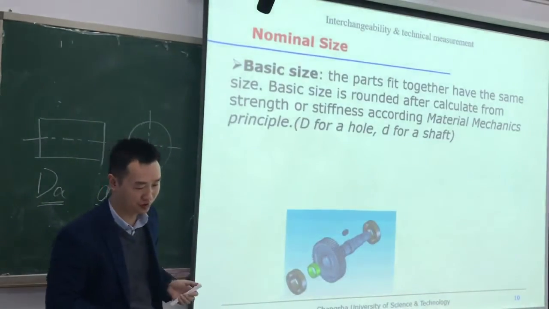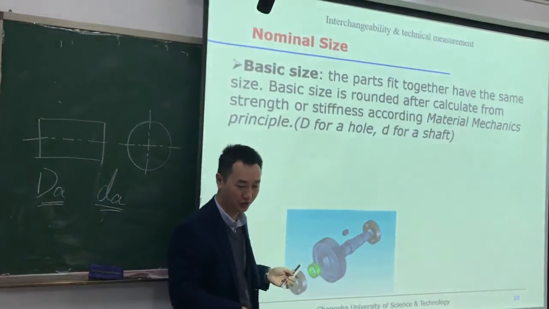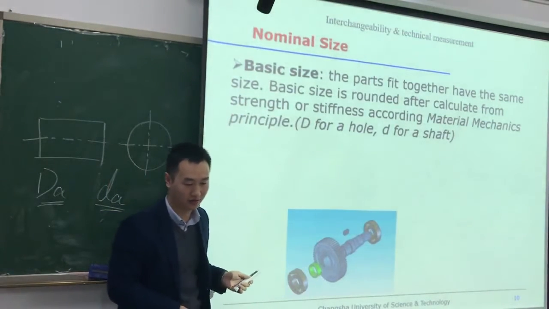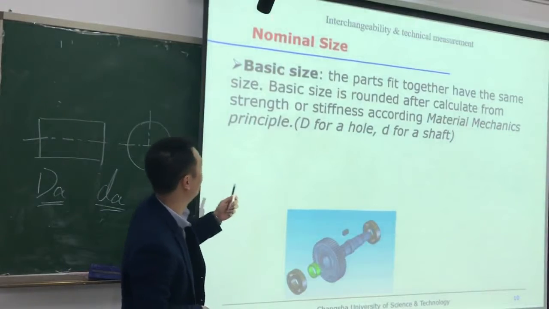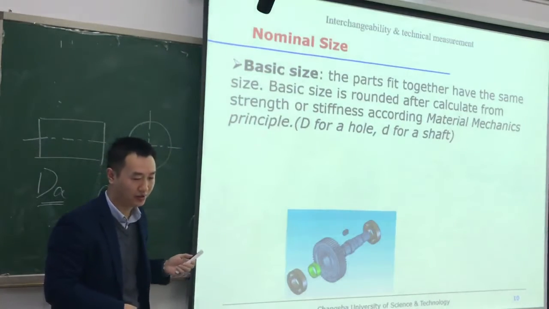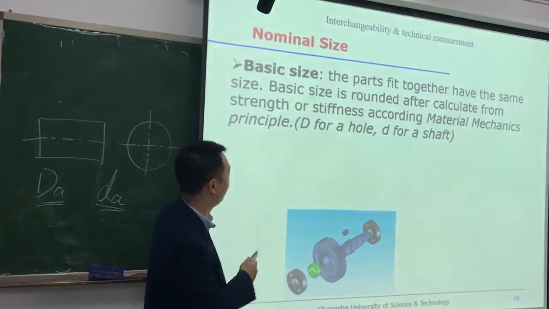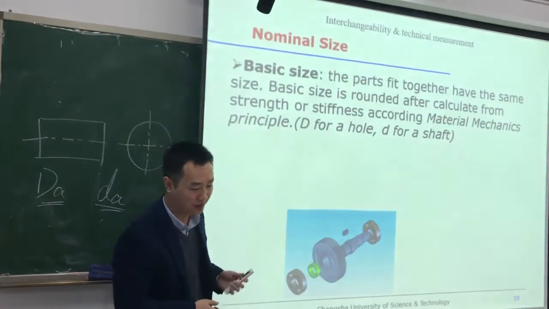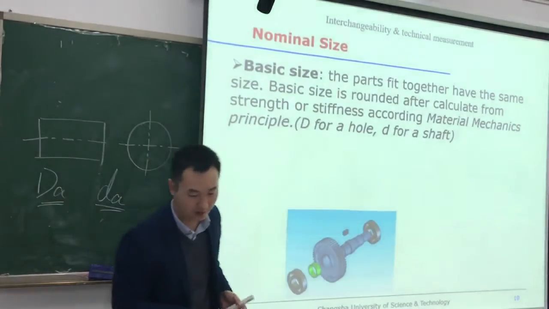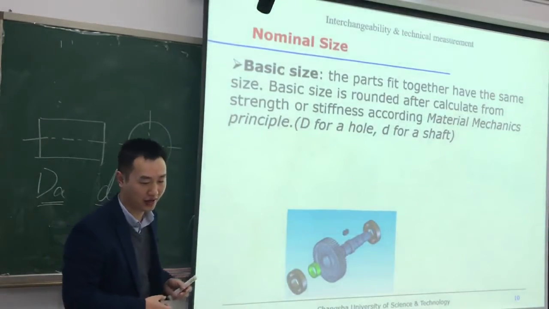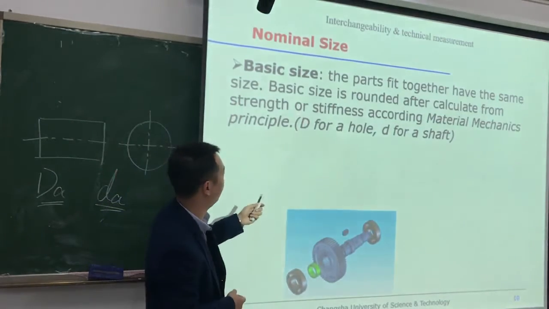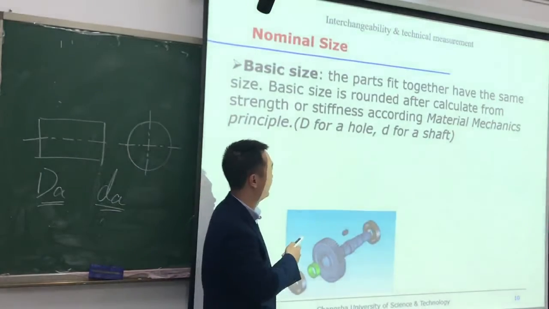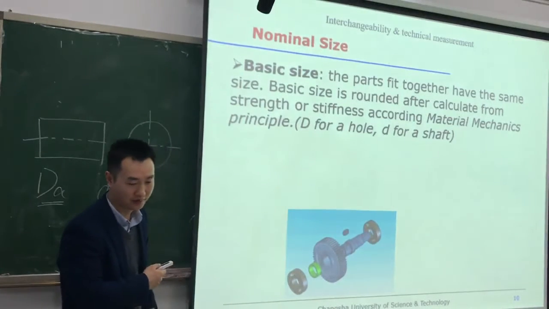We just introduced the actual size. Now we introduce the second term about size, the nominal size. Nominal size is also called the basic size. It means when two parts fit together, they must have the same size.